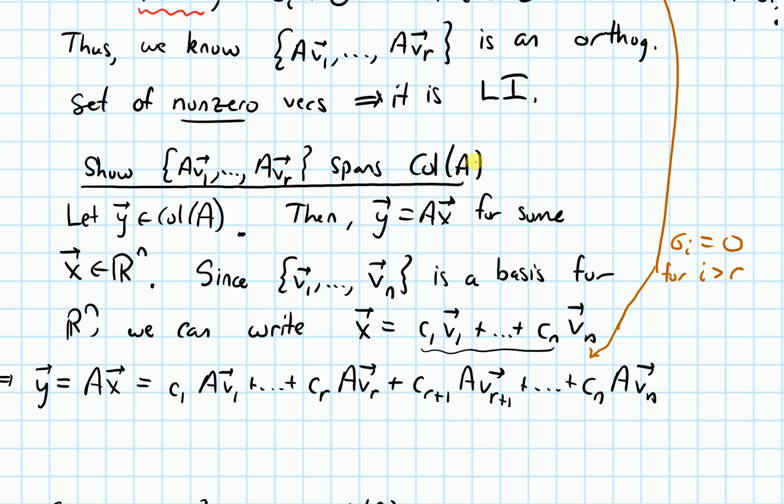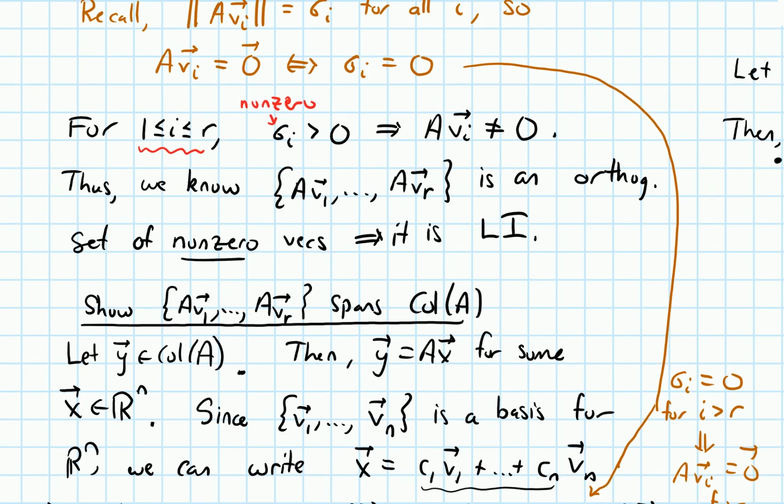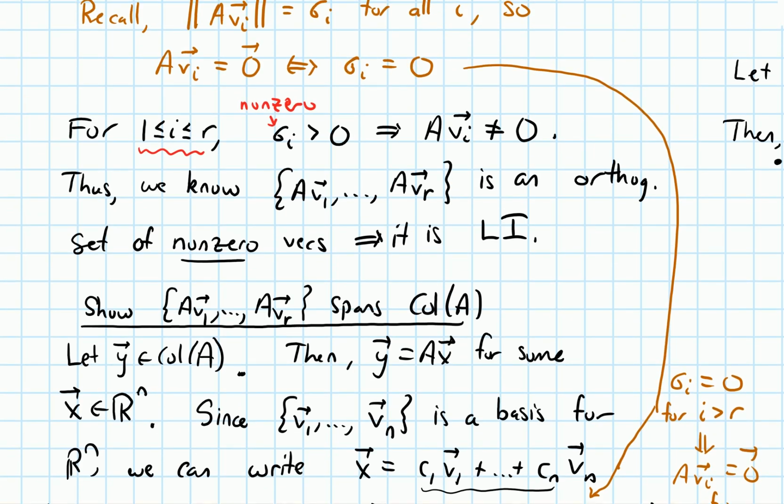They go from biggest to smallest. So after those first r non-zero singular values, all of the other sigma i's have to be 0. One of the things that this will tell us is that A times Vi will be equal to 0 for i greater than r, because we set up here that sigma i equals 0 if and only if A times Vi equals 0.